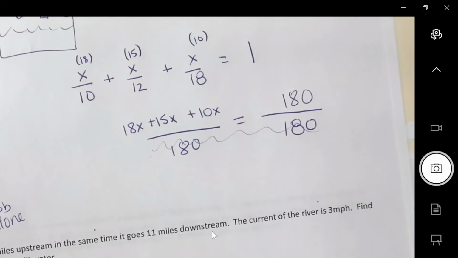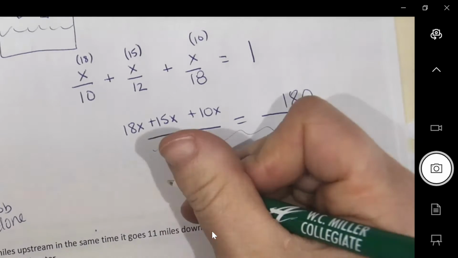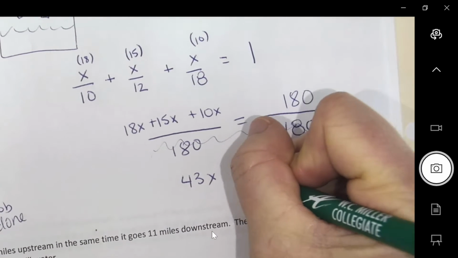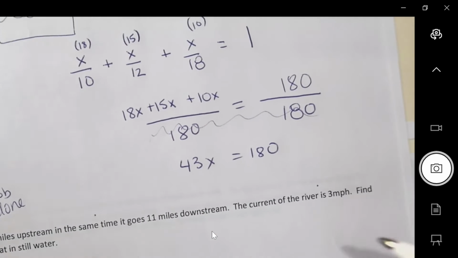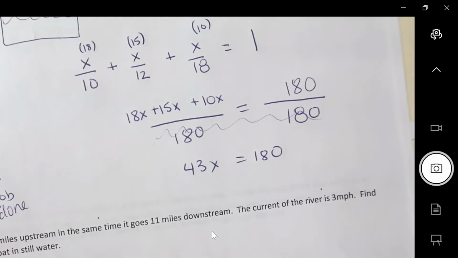We now get to make the statement that we're dropping our denominator, because if the bottoms are the same, the conclusion in the top is the same. I am now going to add those all up.